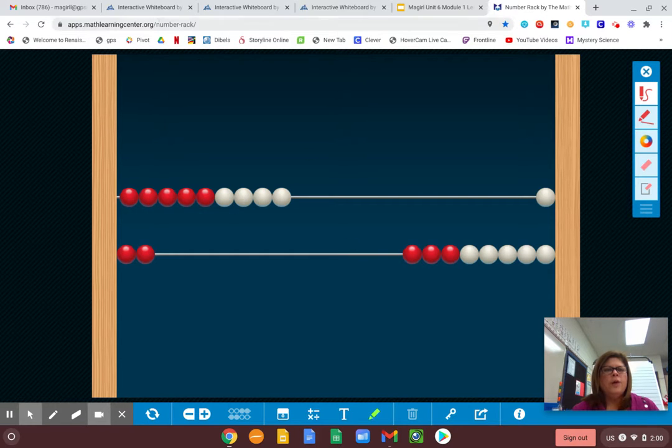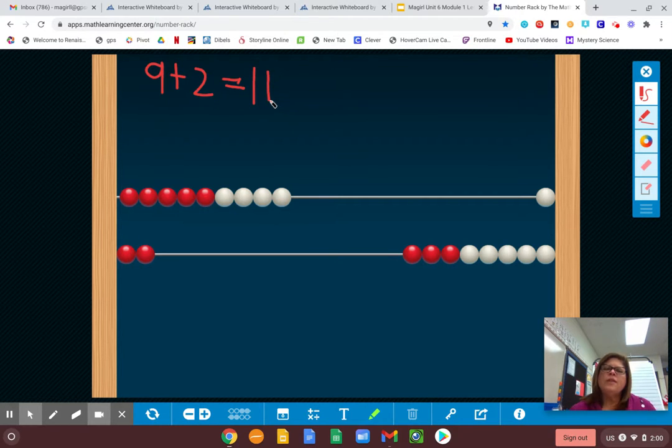So if you have your number rack, you can move over 9 and 2. And if you have a whiteboard, we're going to write the equation 9 plus 2 more. Now that one you can probably get rather quickly. What's 9 and 2 more? Yes, you say 9 and count on 10, 11. So it would equal 11.